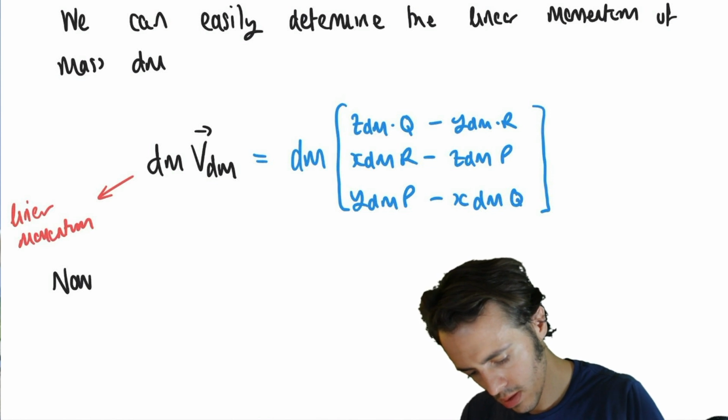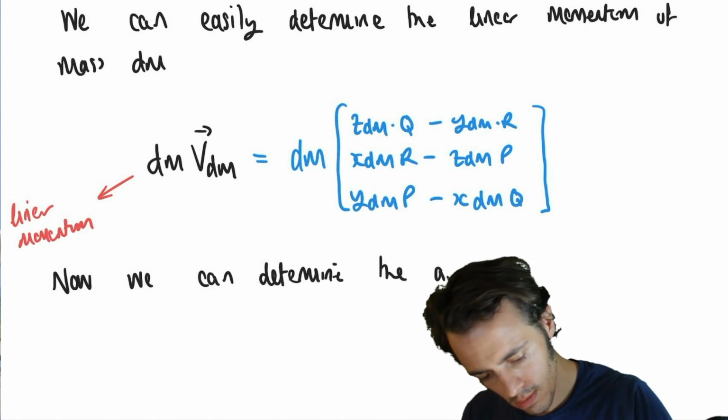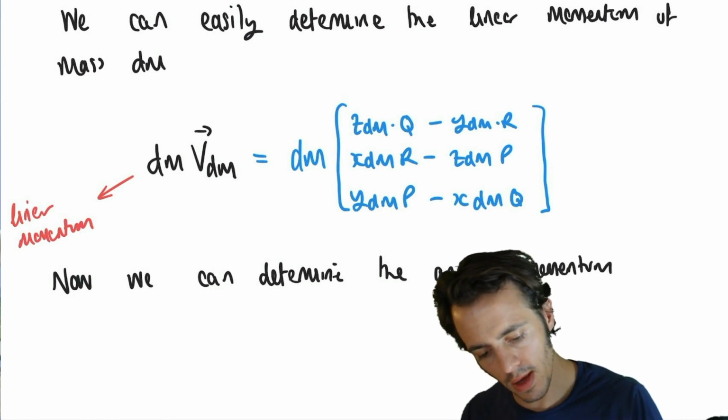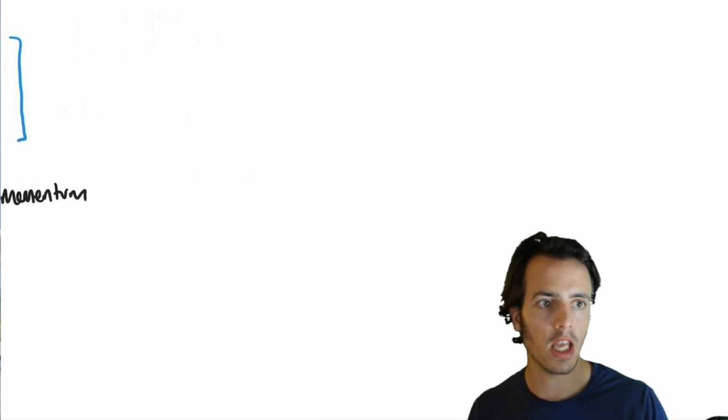Now we can determine what the angular momentum is, because we said that if we knew what the linear momentum was, we could get the angular momentum from it.